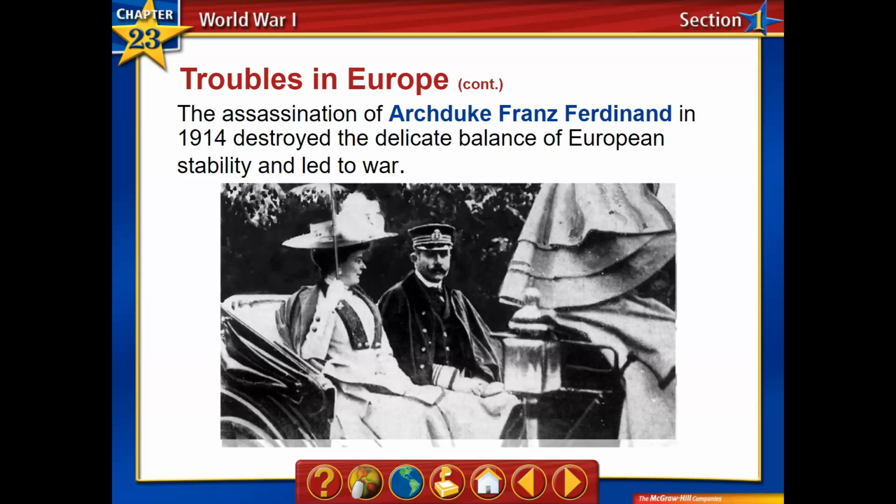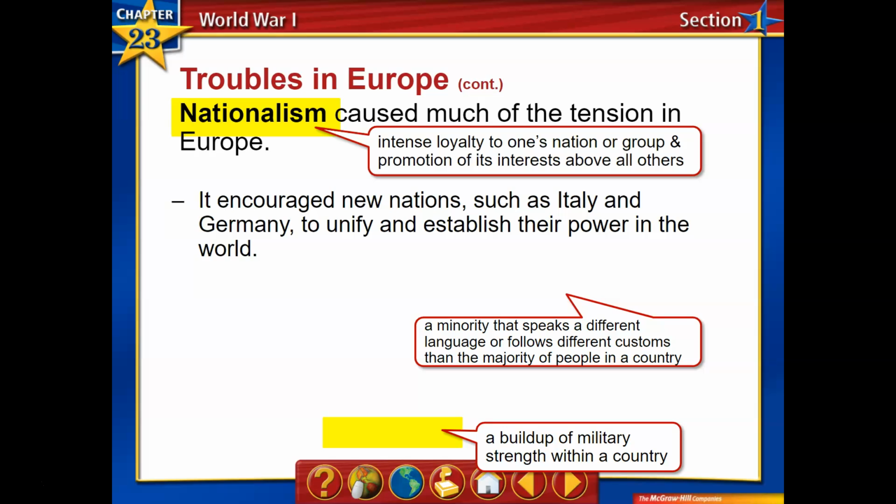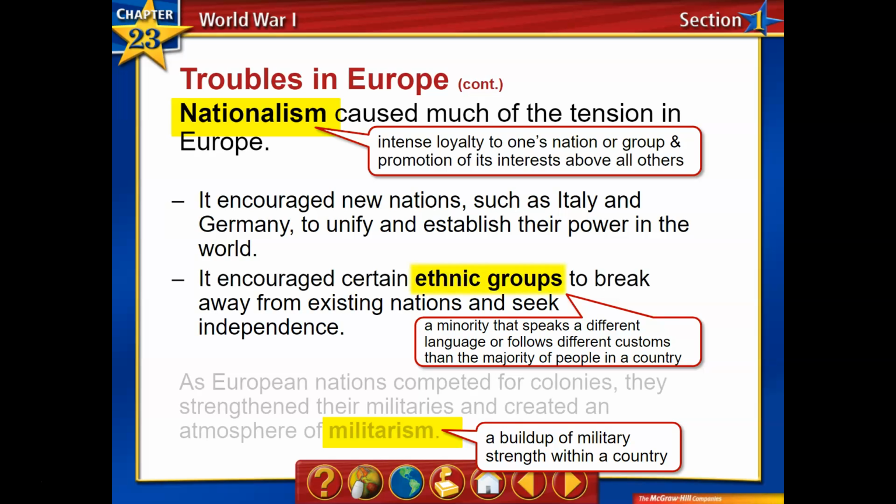And in 1914, his assassination takes this delicate balance and really turns it on its side. And that instability in Europe is actually going to lead to war.